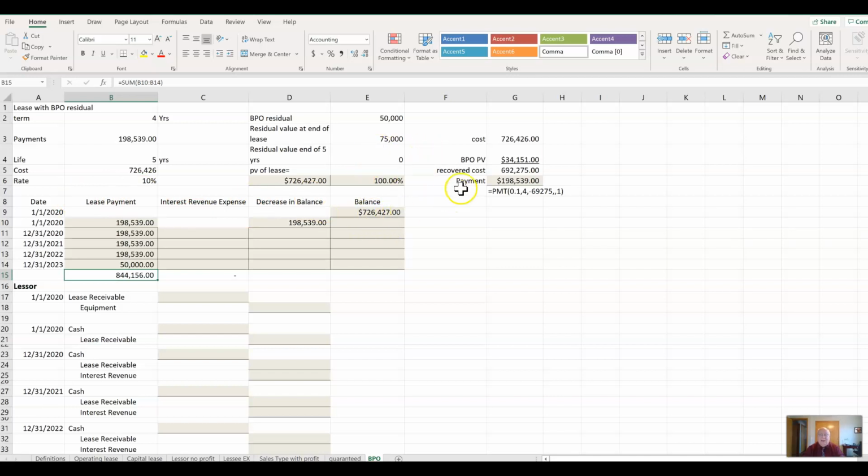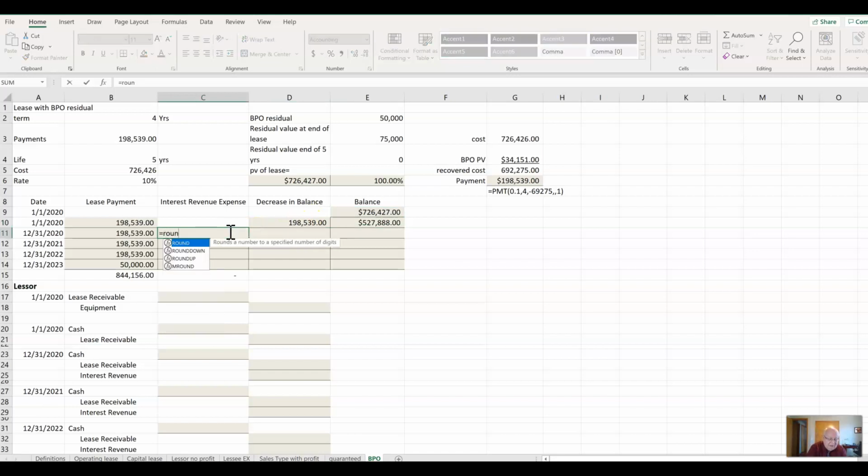Again, the amount to be recovered by the lease payments is subtracted by the present value of the bargain purchase option, because at the end we're expecting to get the 50,000. So you don't charge them twice for it. Then you subtract that off, and everything's done the same way.